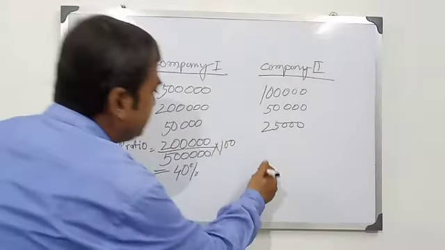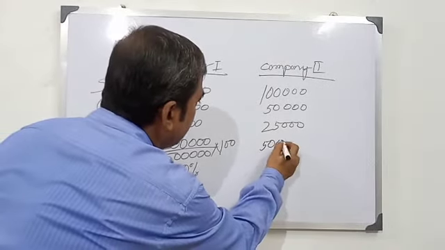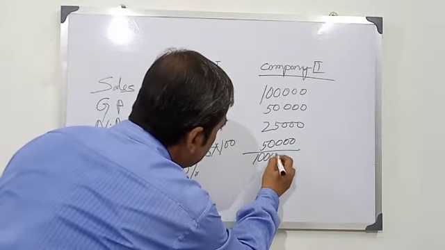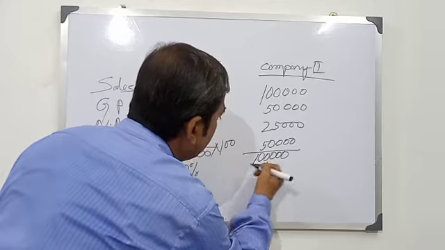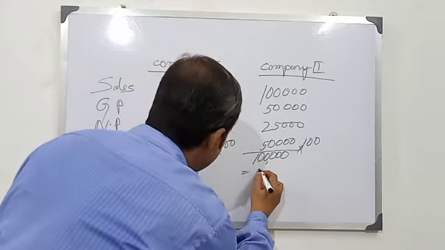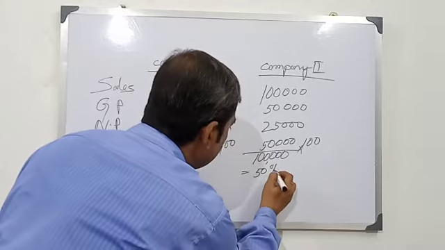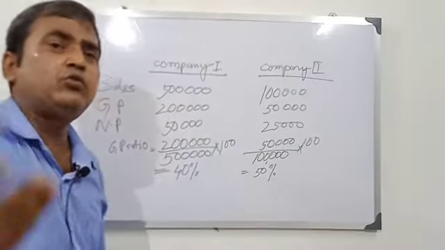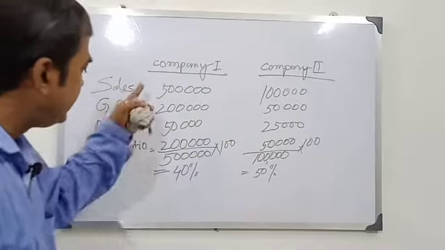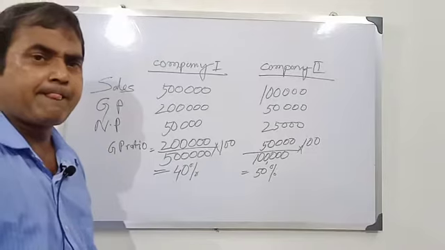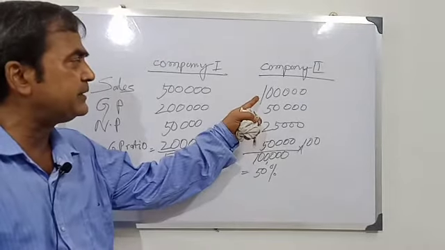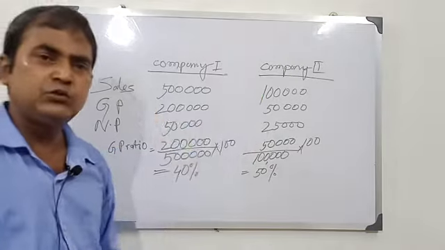Here, gross profit is 50,000 and turnover is 1 lakh into 100, so the GP ratio becomes 50%. That means whatever goods you sold, 50% was earned as gross profit. Here it is only 40%. So you are earning more gross profit in this company.